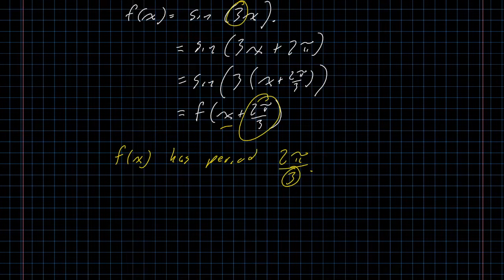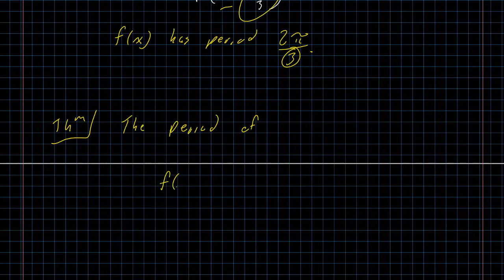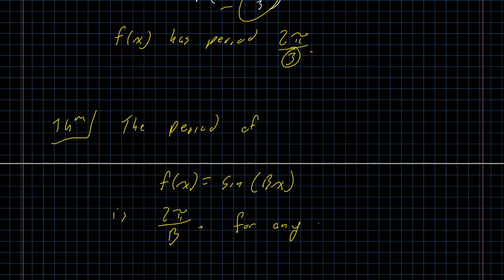In general, the period of f of x equals sine of some arbitrary b times x is 2 pi over b for any constant b except 0. Right? Sine of 0 times x is very boring, and we just won't talk about it.